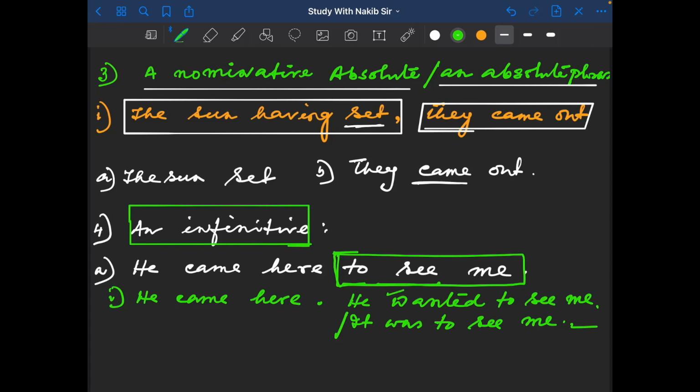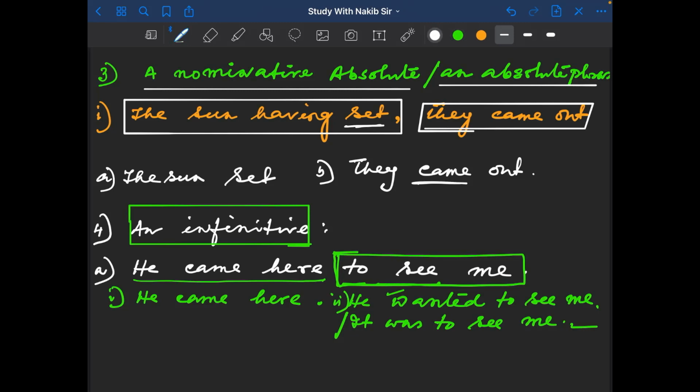Okay, so he came here to see me, cut to see me separately and make one sentence for this part, he came here, and another sentence for the infinitive to see me. Okay, your given sentence is now split up into two sentences. Number one, he came here, and number two, he wanted to see me, or it was to see me.